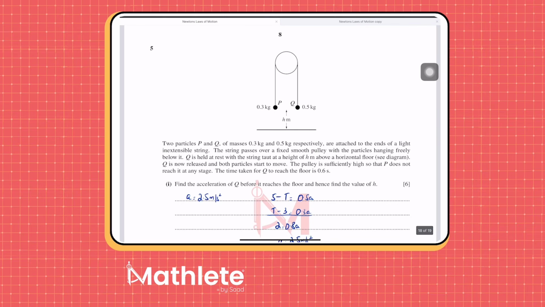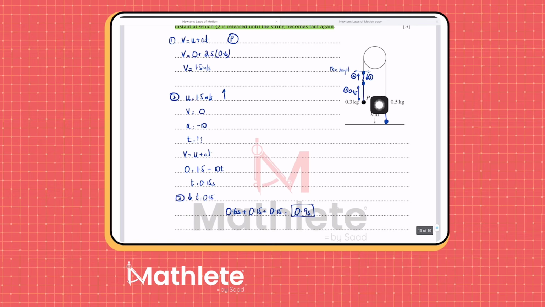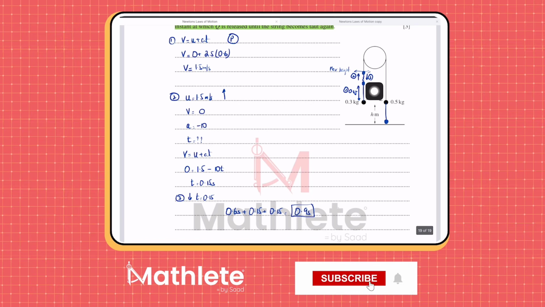P, because it has some velocity, was still going up. Because of that momentum, it will continue to move up. Here we've illustrated just that. Q hits the ground, P rises the same distance that Q falls, and then P, now under free fall, rises a further distance and then comes back down.